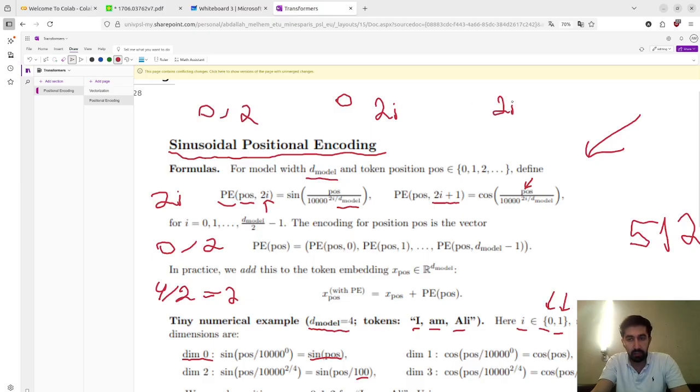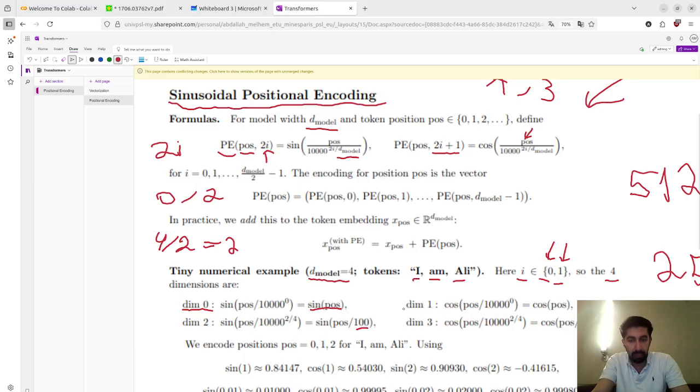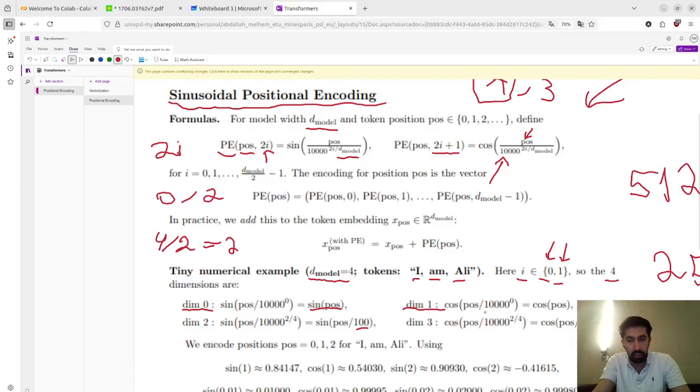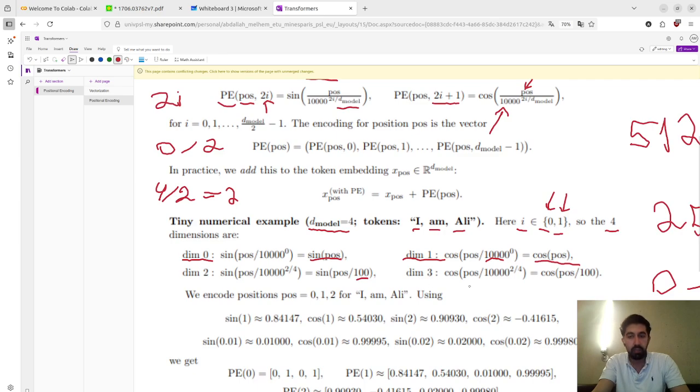And 2i plus 1, the odd values, for i between 0 and 1, getting 1 and 3. When i equals 0, we get 1. When i equals 1, we get 3. So for dimension 1, which is odd, we use the cosine, we get cosine of position over 10,000 to the power 0, which is cosine of position. And for dimension 3, we get cosine of position over 10,000 to the power 2 over 4, which is cosine of position over 100.